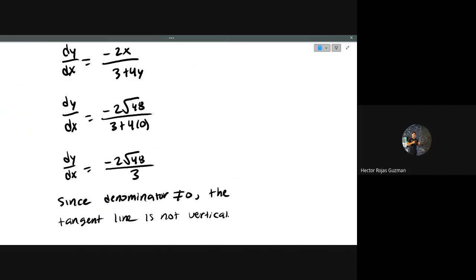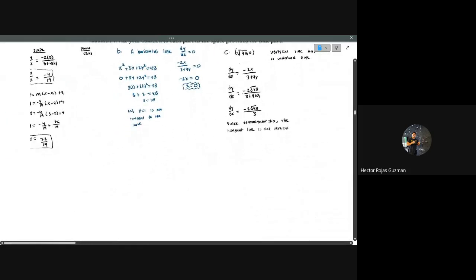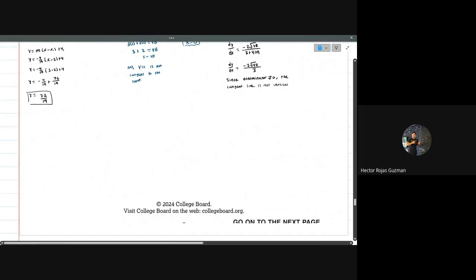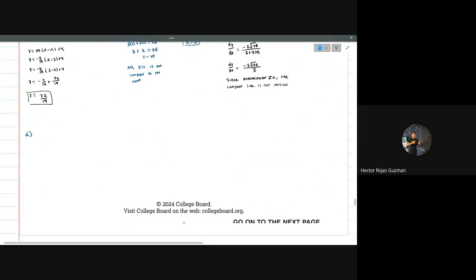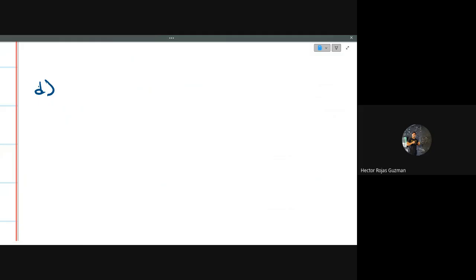All right. Part D. Okay. The particle is moving along another curve defined by a different equation. At the instant the particle is at (4, 2), the y-coordinate of the particle's position is decreasing at a rate of 2 units per second.